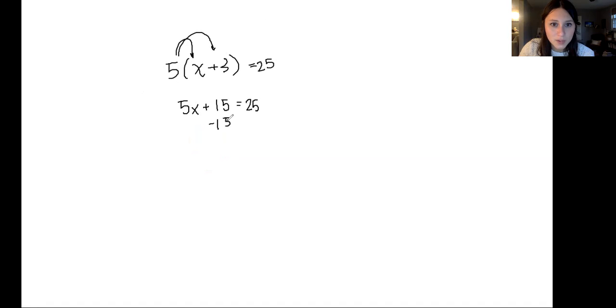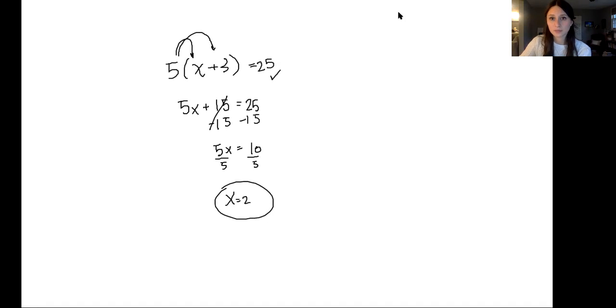Subtract 15 on both sides. 5x, this is gone, equals 10. Divide by 5 on both sides. X equals 2. So if I check my work, x equals 2. So 2 plus 3 is 5. 5 times 5 is 25. That works.